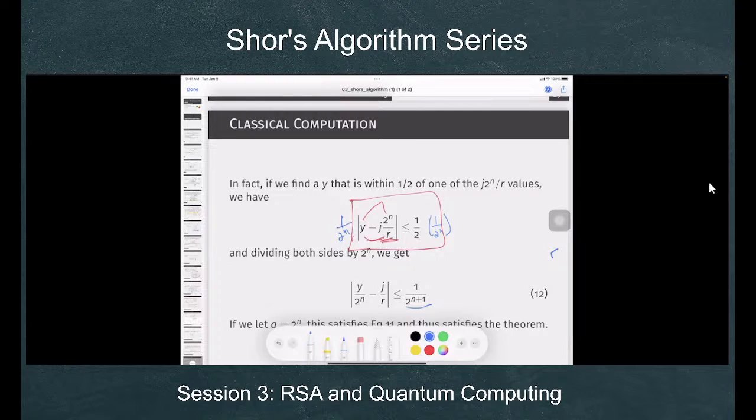This becomes y over 2 to the n, and this one cancels with this one. Okay, so that's why we're left with j over r.